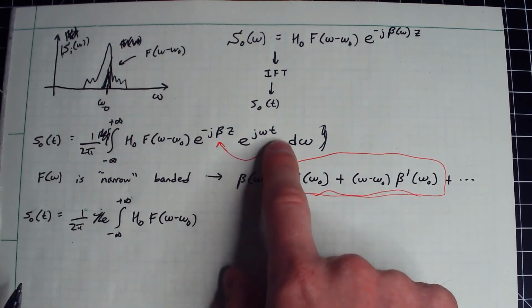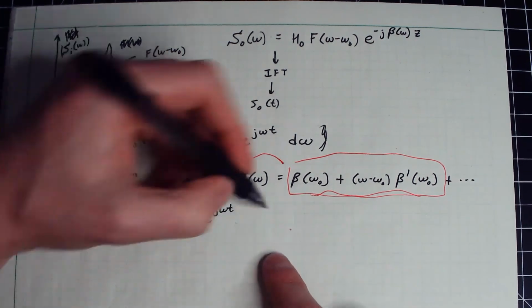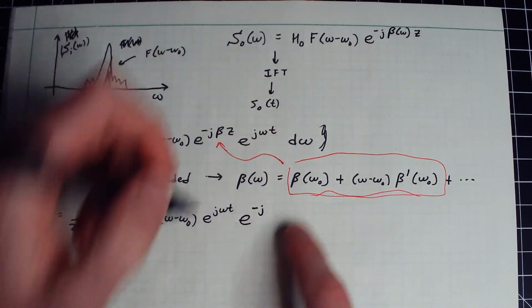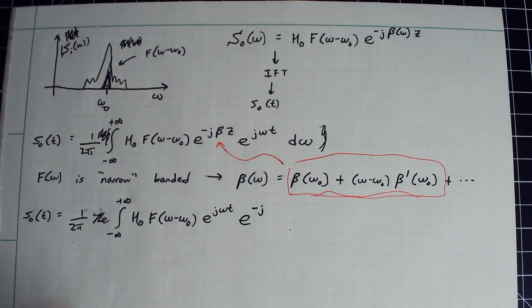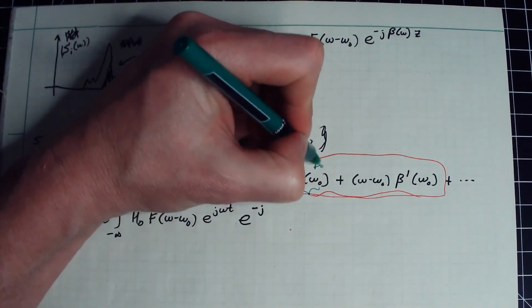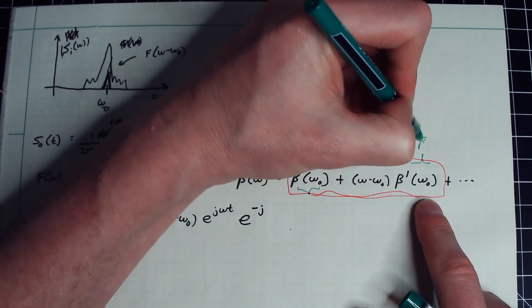Now I got this e to the j omega t, and now I'm going to get this nasty thing up here, e to the minus j. So just for notational sake, I'm going to give this guy a name. Let's call that beta naught. Okay, and then this is going to be beta naught prime.